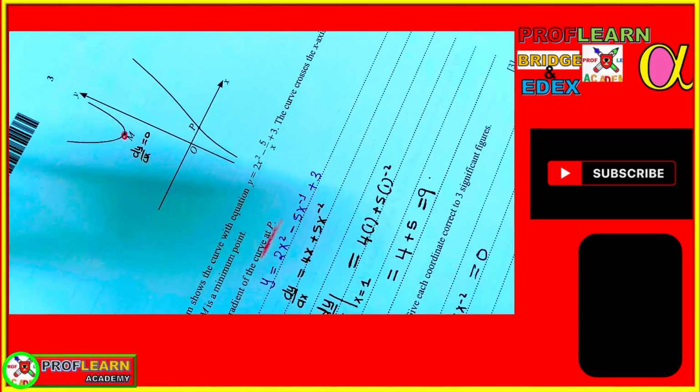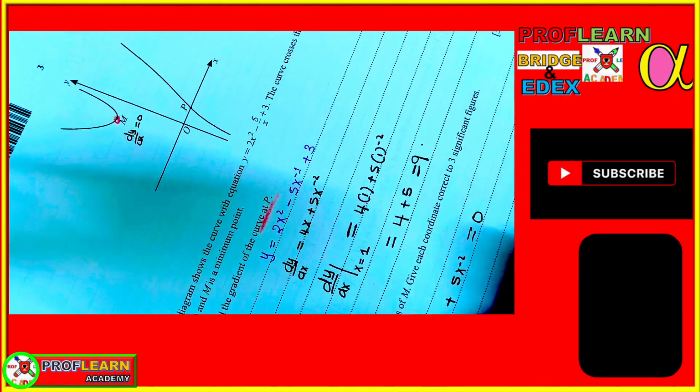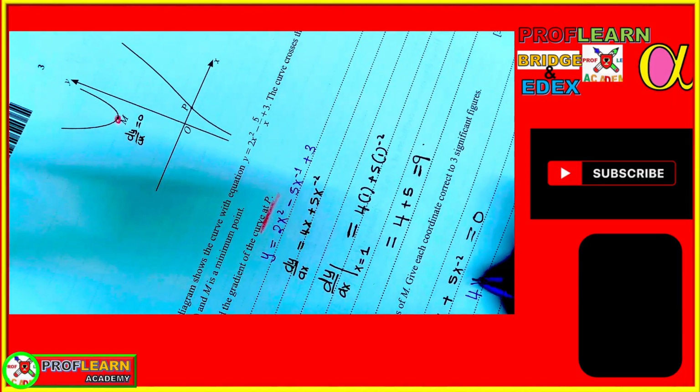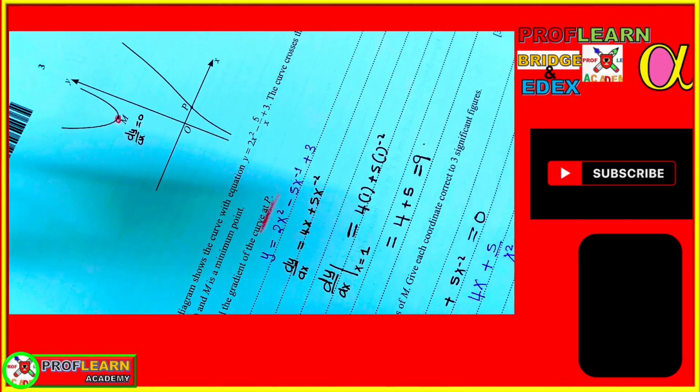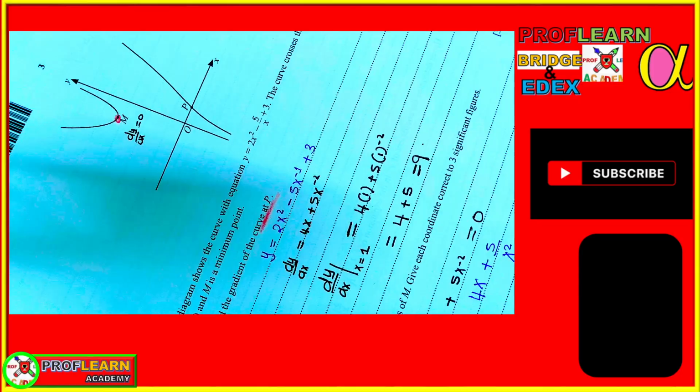Then once you've done that, you're going to rearrange this. We shall have 4x plus 5 over x squared. So now with this, what are we going to do next?